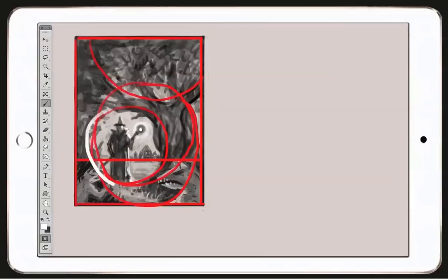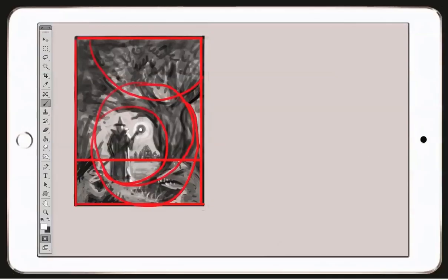They are encircling the wizard, thereby drawing the eye to the wizard. And of course, the eye is also led to the wizard because of strong value contrast. The dark value of the wizard against the lighter value of the sky. But the underlying structure also helps to draw attention to the wizard by acting as a kind of frame around the wizard.